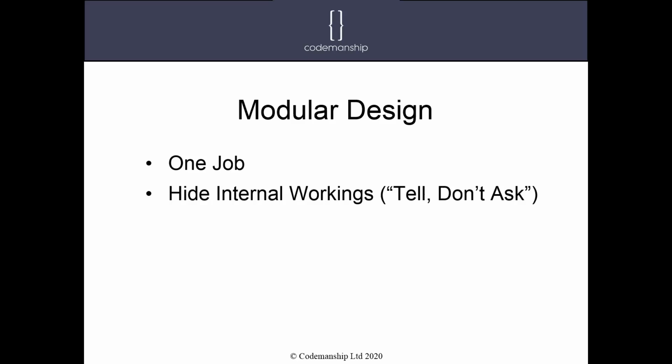But then you end up with massive amounts of low-level coupling to the internal details of how the work is done. If you want a decoupled system, what you do is you put the work where the data is, and then the client module just tells the data object, okay, I need you to do that, and doesn't need to know how it's done, doesn't need to know, for example, what data is involved. So the internal workings are hidden from the client, and we call that encapsulation. That's what it really means.